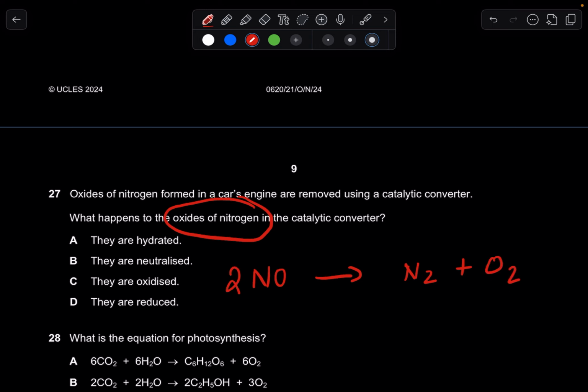What is happening is that this oxygen is being lost. Look, you have oxygen over here with nitrogen, but over here nitrogen has no oxygen. So nitrogen is losing oxygen. Loss of oxygen is reduction. So the oxides of nitrogen got reduced because they lost their oxygen.